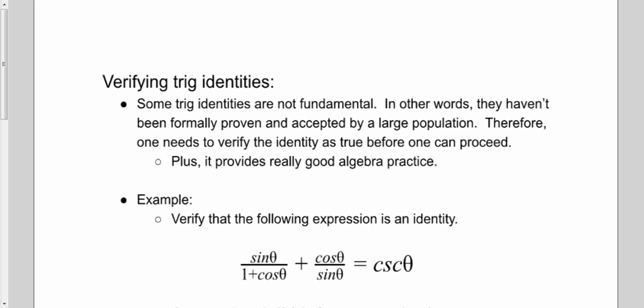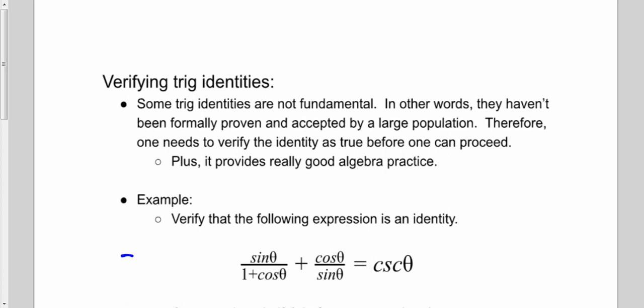I could put in theta as pi over 2, and this equation would be true. I could put 3 pi over 4, and this equation would be true. It does not matter. If it's not an identity, then that implies that there might be a single or several solutions for theta, but not every solution, or not all possible real numbers.